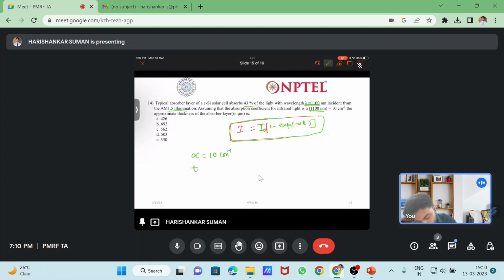We have to calculate thickness in micrometer, and I by I naught is 43%. Put this value here: 1 minus exponential alpha t is 43%. So we have to convert like that.